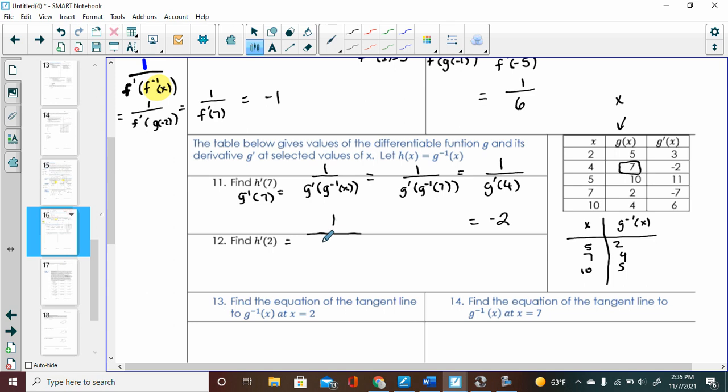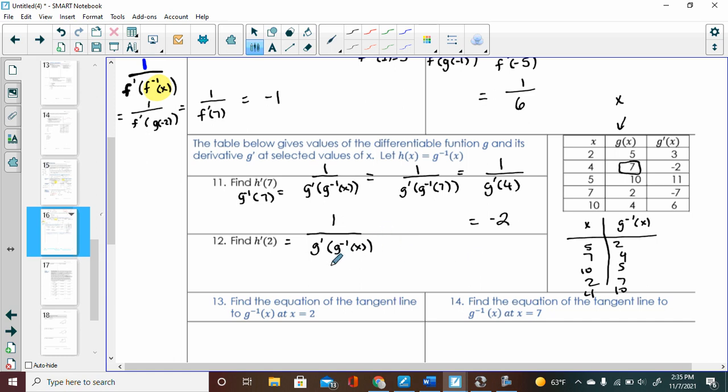So here, I'm going to use g. So 1 over g prime of this inverse of g, right? So let's see here. I'm going to write the rest of these, 4 and 10. All right.